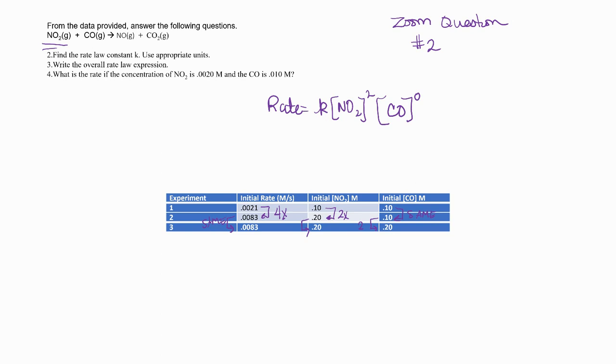Any concentration to the 0 exponent is 1. So I don't even need to write that one in. So our experimental rate law is that it was second order with respect to NO2. Okay, so that's where we left off.